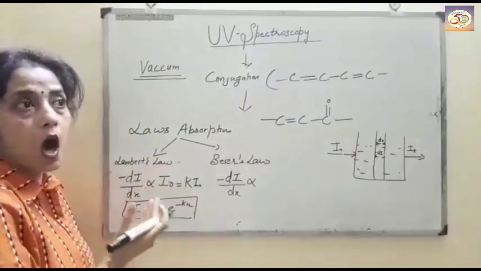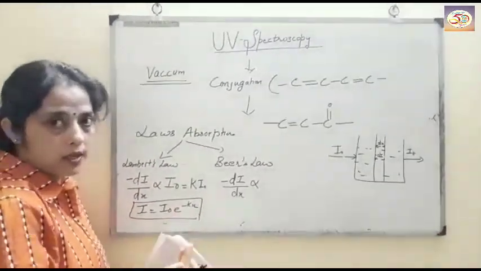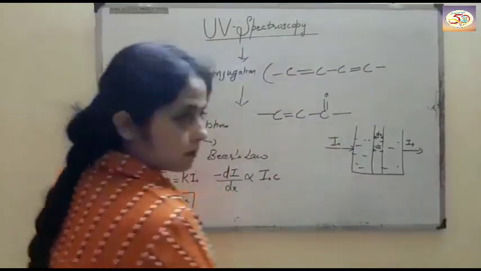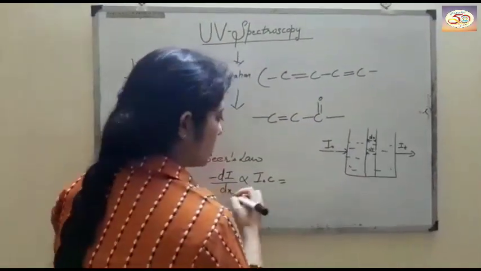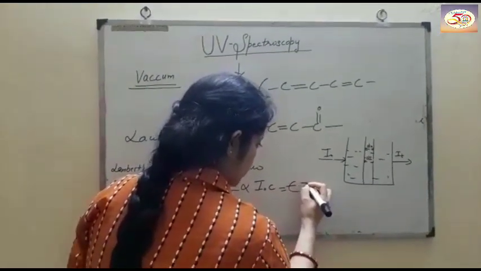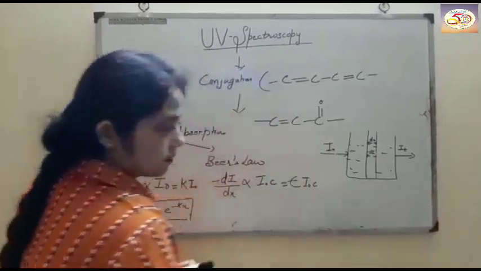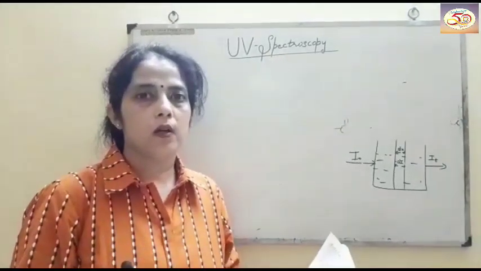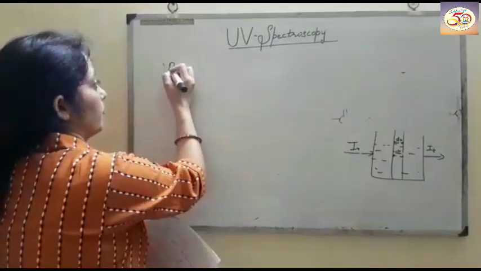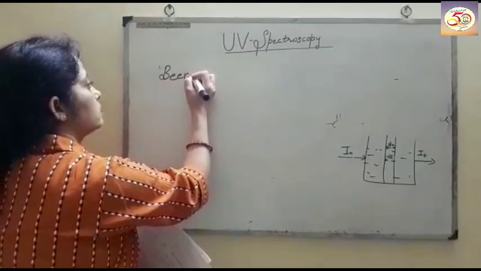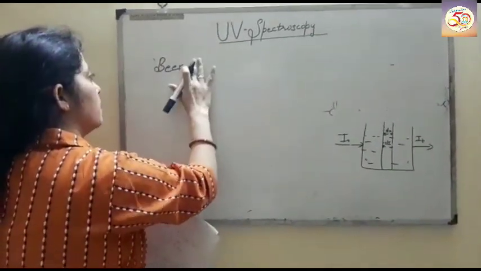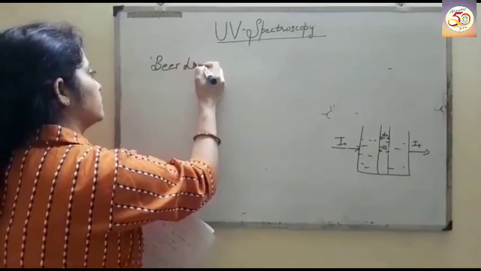Concentration means how many molecules absorb the radiation. In this case we use the symbol of constant epsilon. The combined form of Lambert and Beer law is called the Beer-Lambert law.